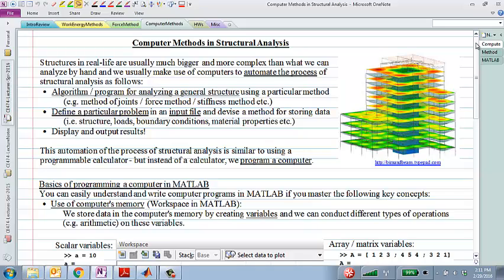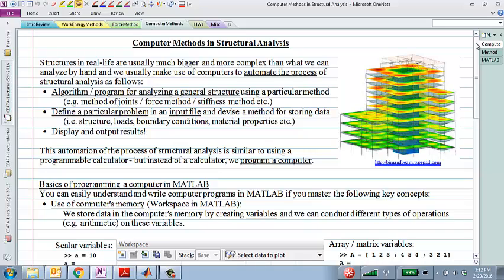Some of them, most of them, are based on finite element methods, which we will not get to exactly, but a very related method, the stiffness method, is what we'll talk about in a couple of weeks. But right now, what I want to make sure is that we can understand some very basic computer analysis programs.